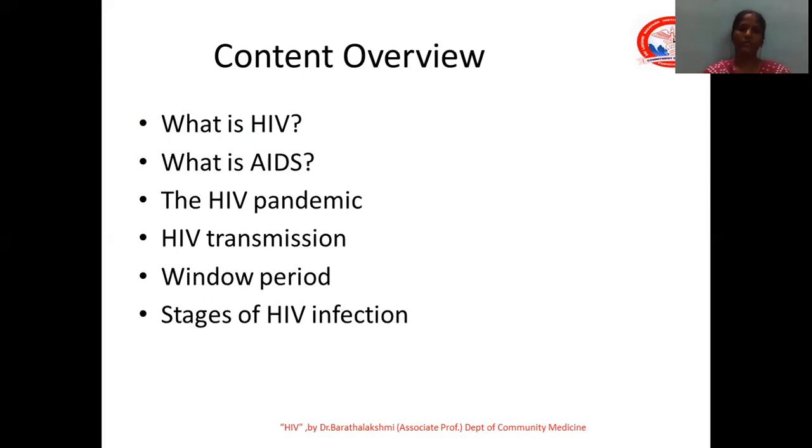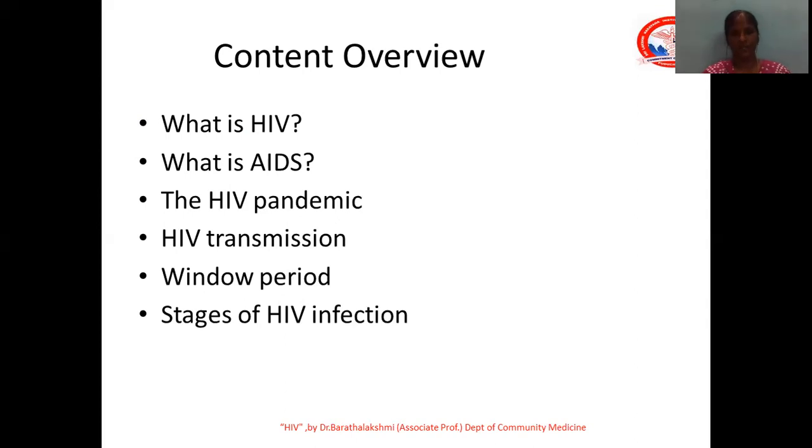And pandemic is when the same disease affects almost two or three countries of different continents, or all the continents of the globe. Yes, HIV is a disease of pandemic nature.